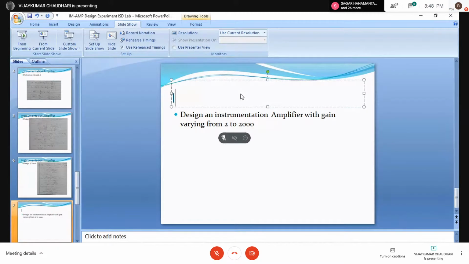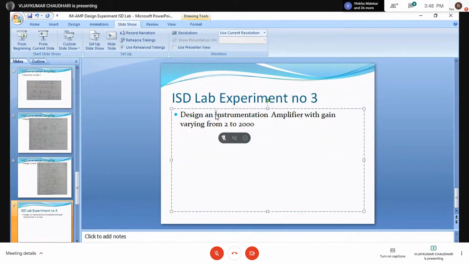ISD lab, experiment number 3. Design an instrumentation amplifier with variable gain varying from 2 to 2000.